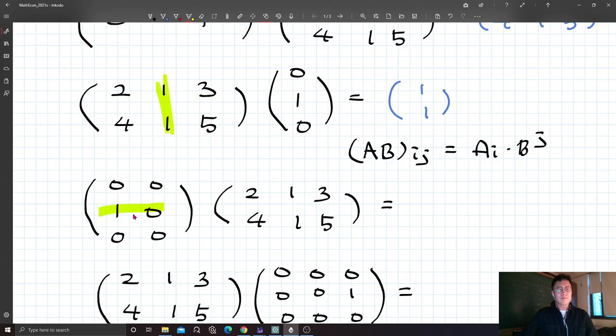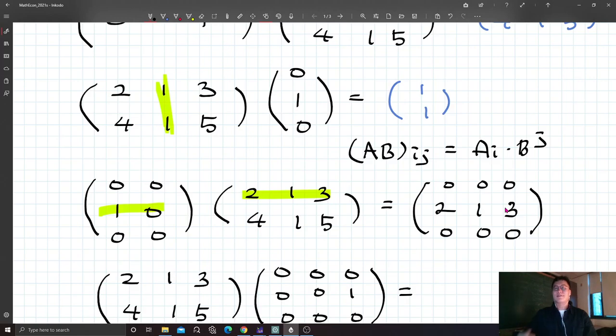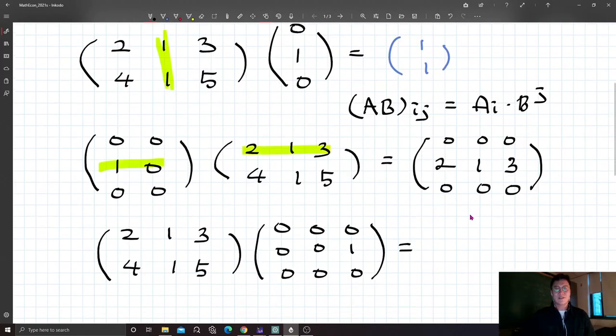Okay, so the vector is the first unit vector, so we have to take the first row of matrix A. And this unit vector is in the second row, so we have to place that first row of matrix A in the second row, right? So the second row becomes 2, 1, 3, and the other rows are equal to zeros. Okay, so that's the product.